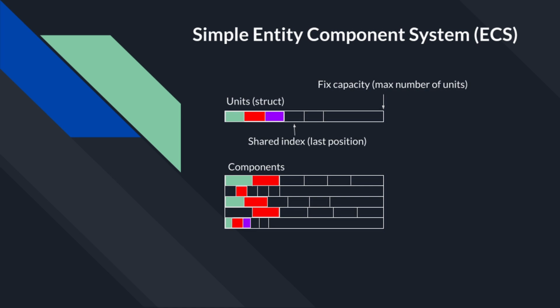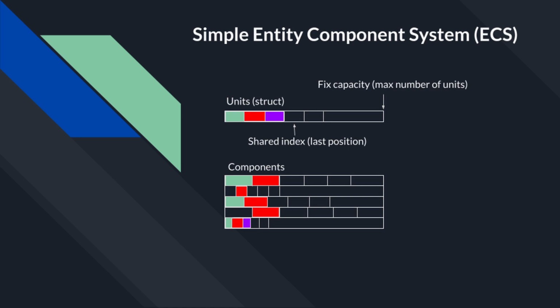Note that the entities called units are data structures, as well as the components that form them are also data structures. Both the units and the components are stored in unidimensional arrays and share the positions. We initialize these arrays with a capacity which corresponds to the maximum number of units each player can have.